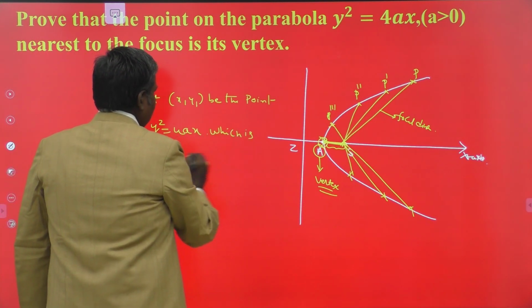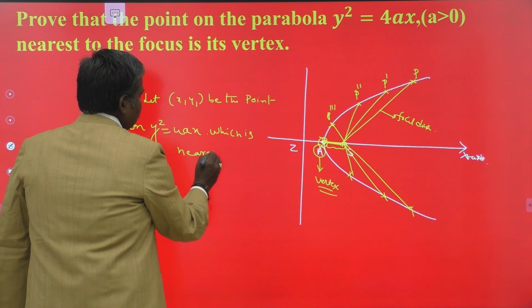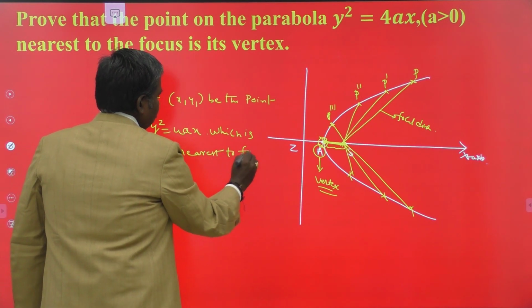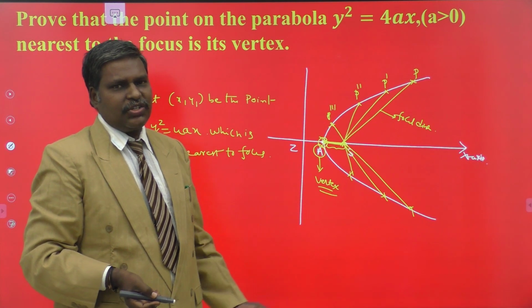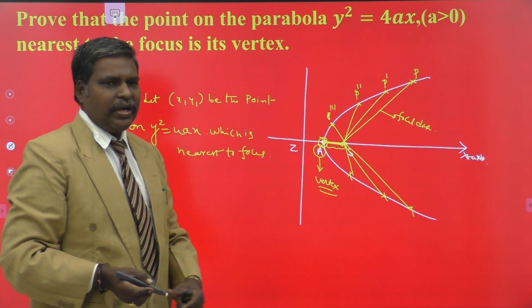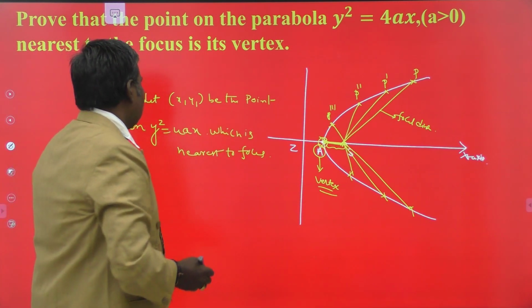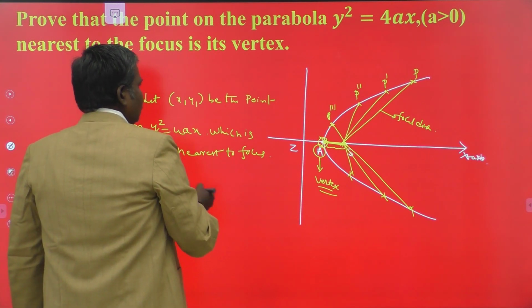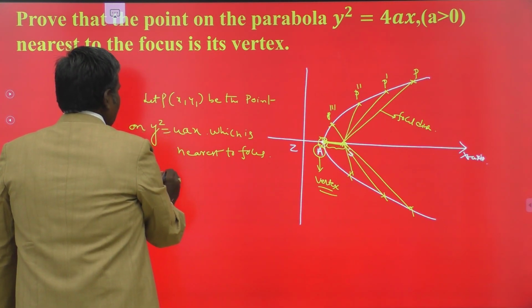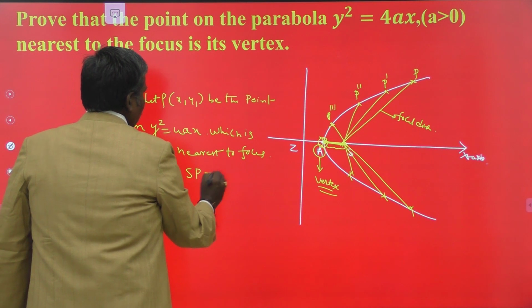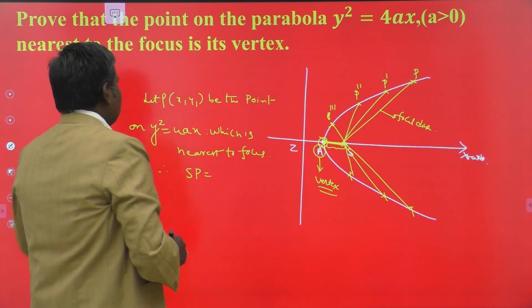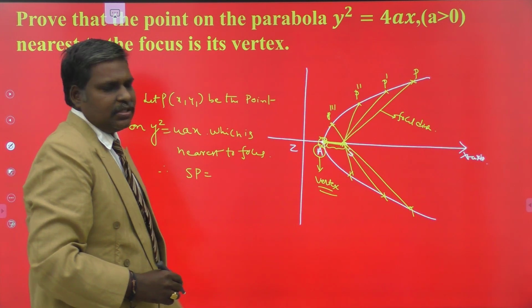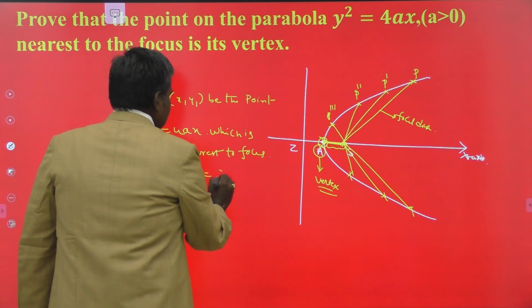We don't know the coordinates of the point which is nearest to the focus, which is why I am taking that point as x1 comma y1. Suppose this is the point P. Therefore SP is very small compared to the others. What is the focal distance SP? It is x1 plus a.